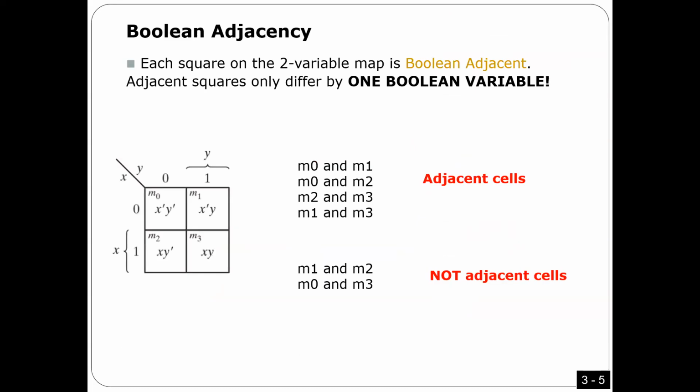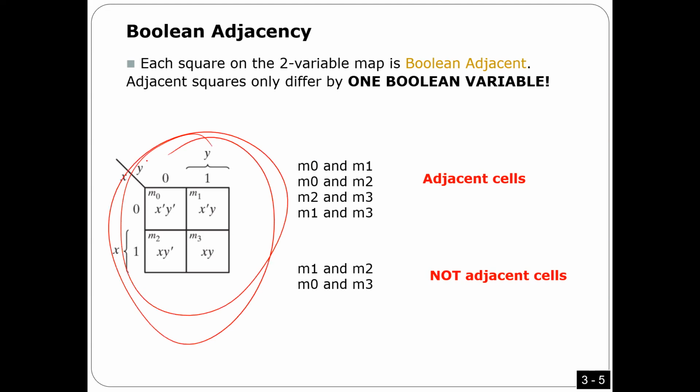Also, last time I started to explain the idea of adjacent, or neighbors. So some squares here, I'm going to say they are neighbors. Some squares, I'm going to say no, they are not neighbors. Very important to know, because that's what we're going to do in the simplification.